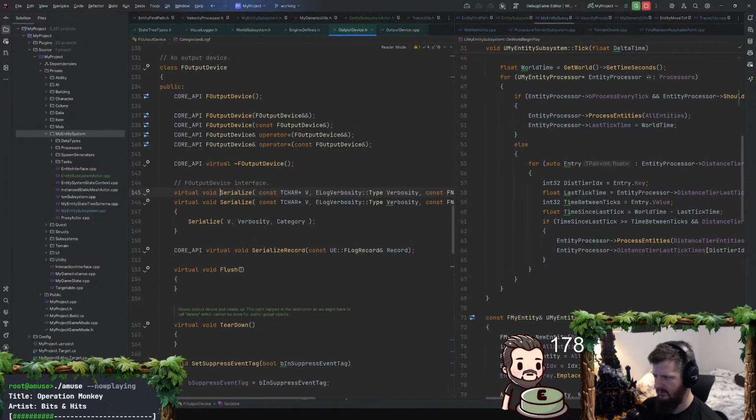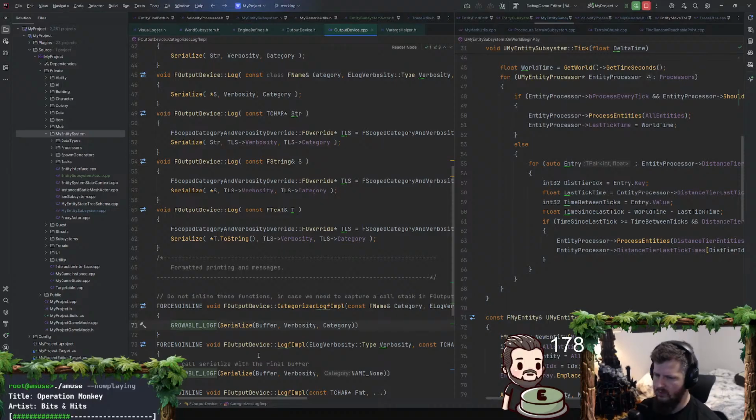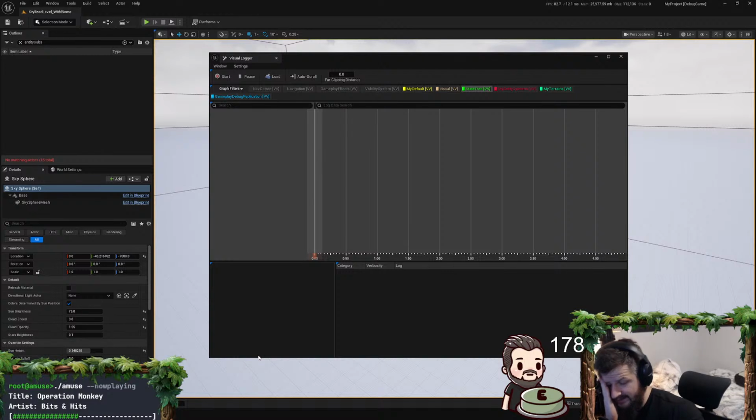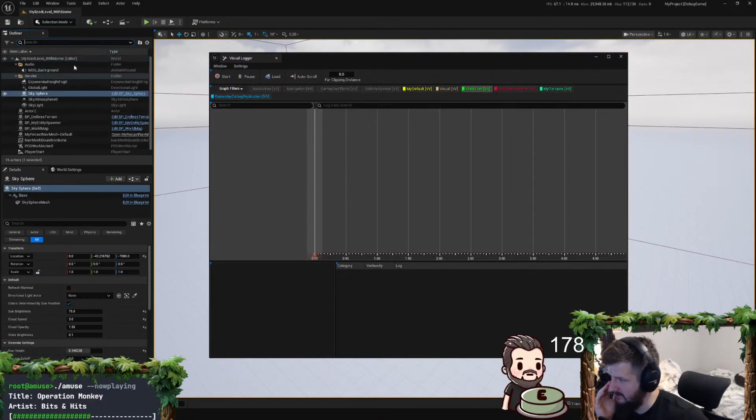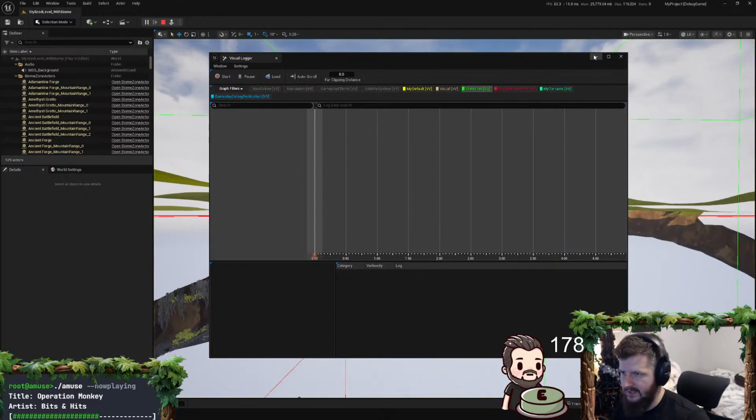Log impl. We serialize stuff. Okay, so no help there on the logging. Kind of feel like I should delete all that. Oh man. It was still logging way more than it should have. Okay, there goes that idea. That idea was a bust.